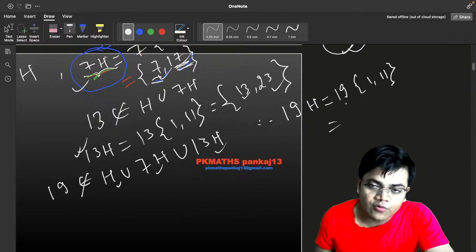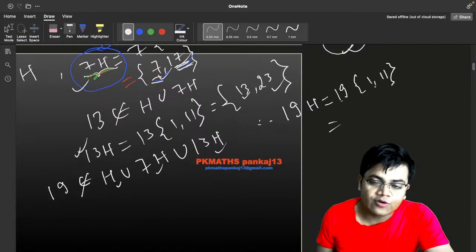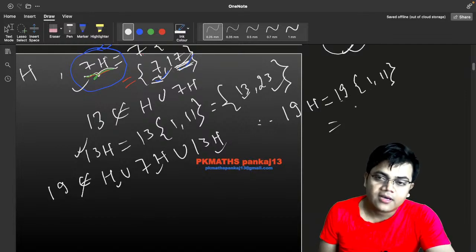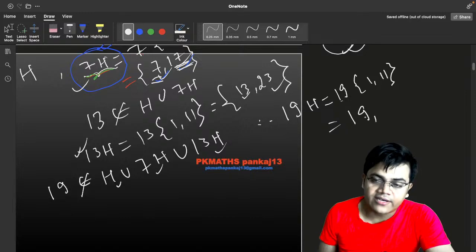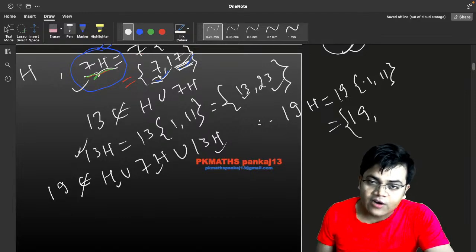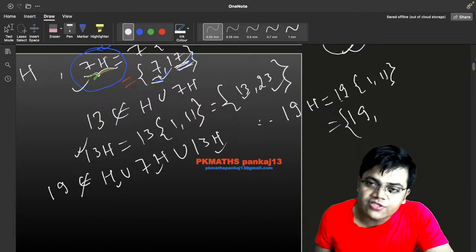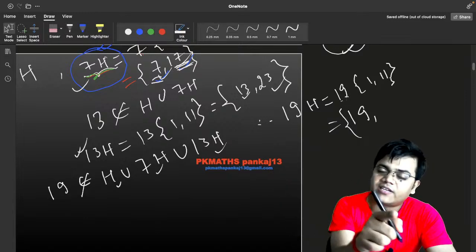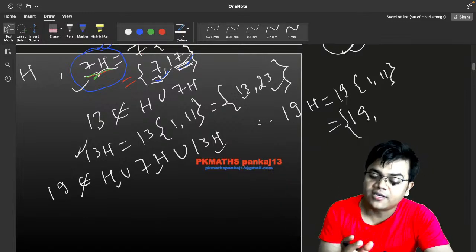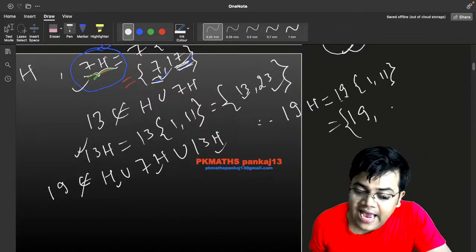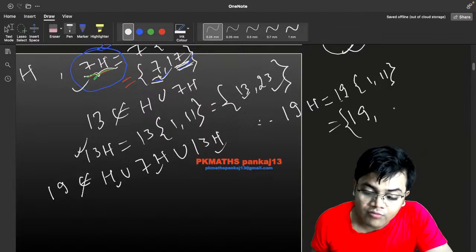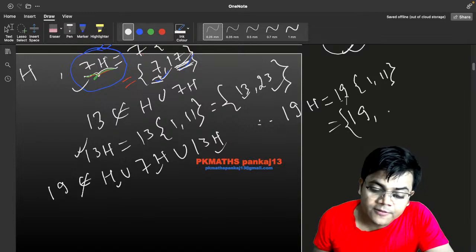When you multiply this 19 with 1 and divide with 30, you will get 19 only, because 19 is less than 30. And when you multiply this 19 with 11 and then divide by 30, what will you get as the remainder? Undoubtedly, you are going to get the remainder as 29.